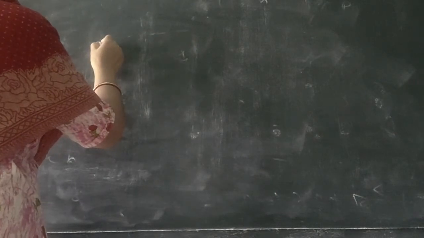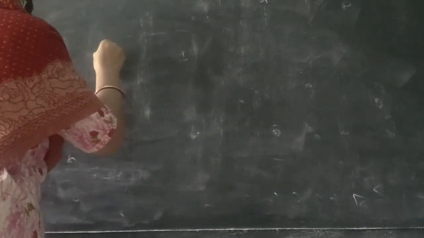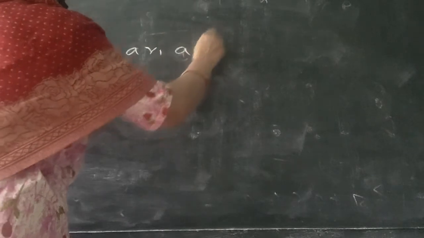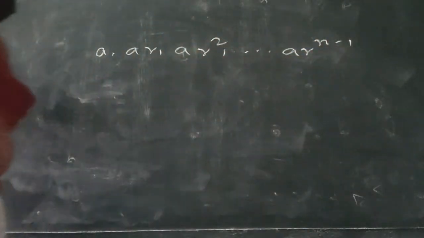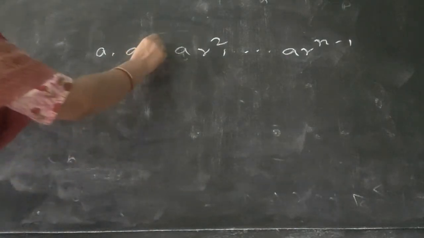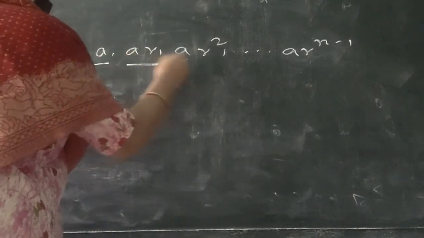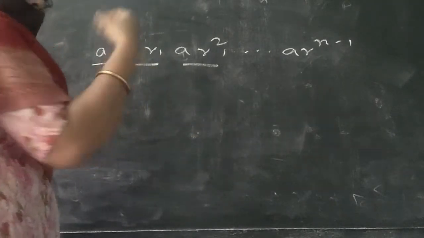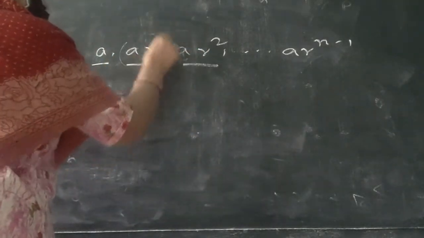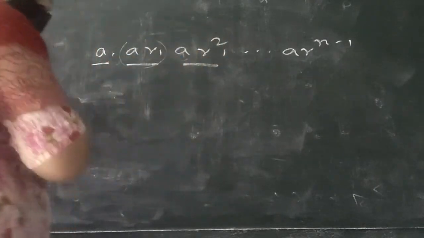one thing, if the terms of GP are A, AR, AR square, up to AR to the power n minus 1, this is the nth term. A is the first term and R is common ratio. Then second term is AR, then third term is AR square.